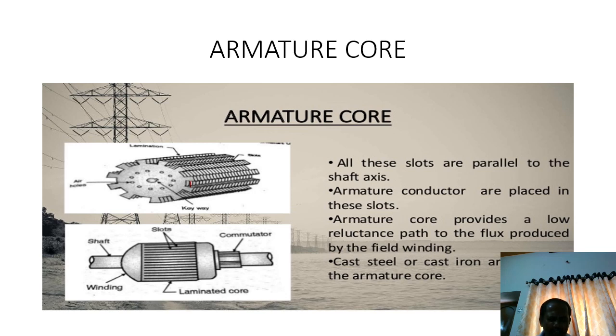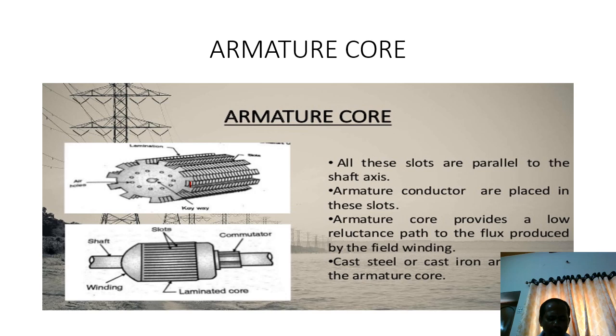Armature core is cylindrical in shape and built up of high permeability silicon steel stampings or laminations of 0.5 mm thick, each stamping being separated from the neighboring one by varnish. The purpose of using lamination is to reduce eddy current loss, whereas the high permeability silicon steel is used to minimize the hysteresis loss.